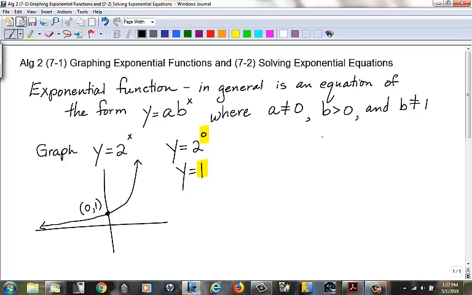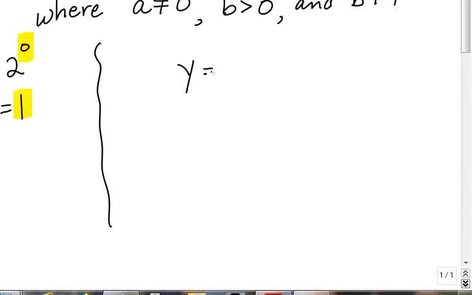Okay, try another one. Say you have y equals 1/2 to the x power. We can clear that, and you can either put in 1 divided by 2, or you can put in 0.5 and raise it to the x power.